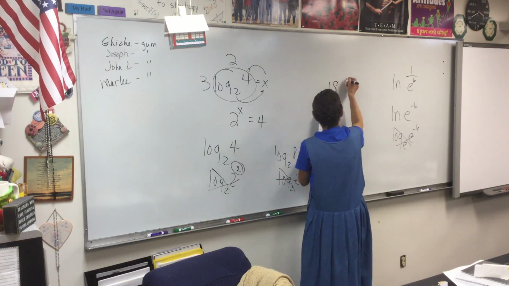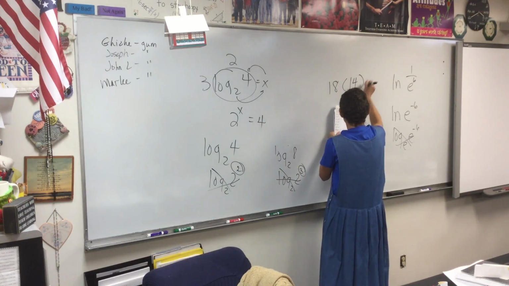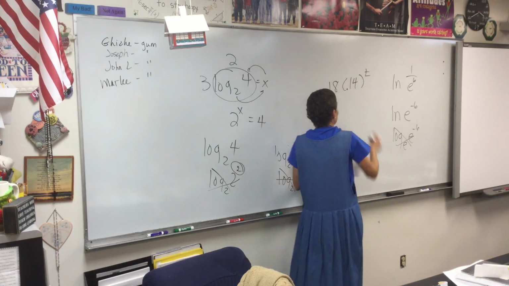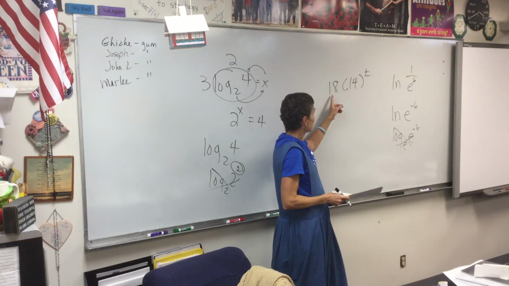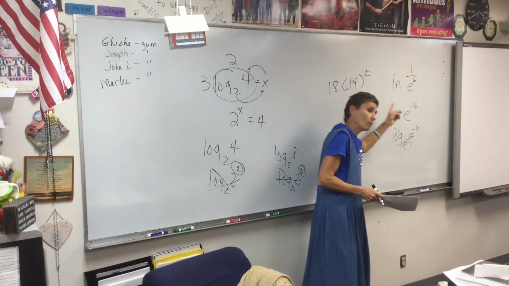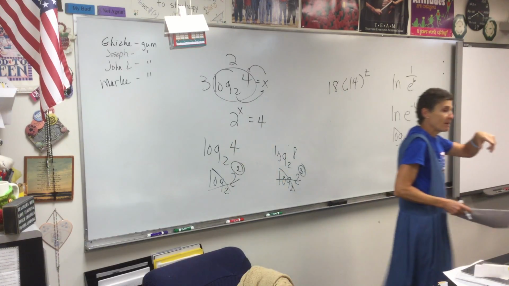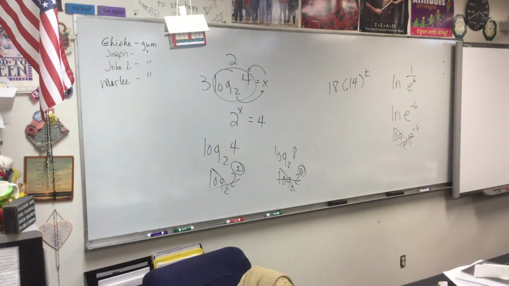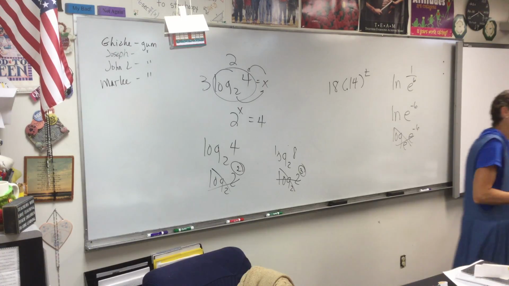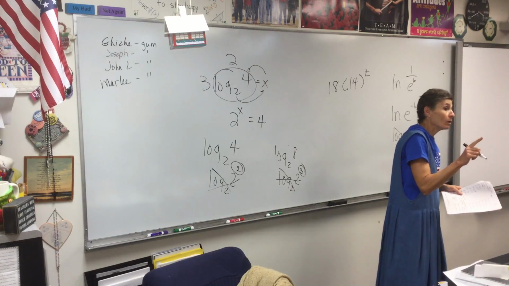When we take 18 times 0.14 to the t, what that means is you are taking 18 times 0.14. When you do that, Patty, when you multiply a number times 0.14, does it get bigger or smaller? I know it gets smaller, but there's that t. Well, it could be that the decimal itself gets bigger.